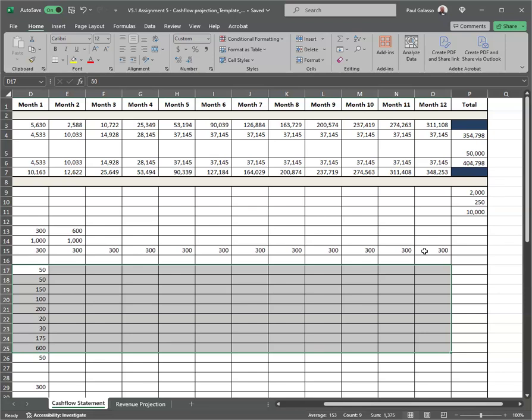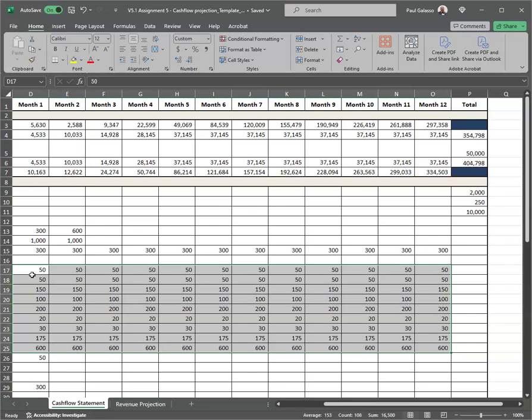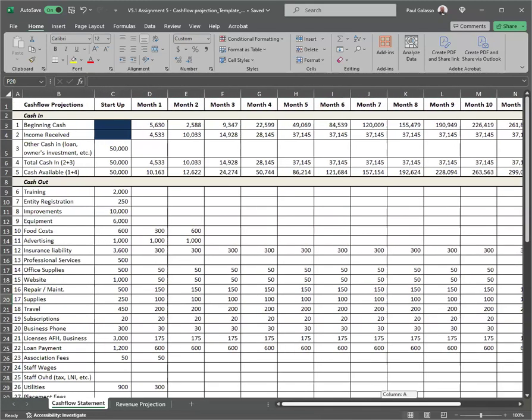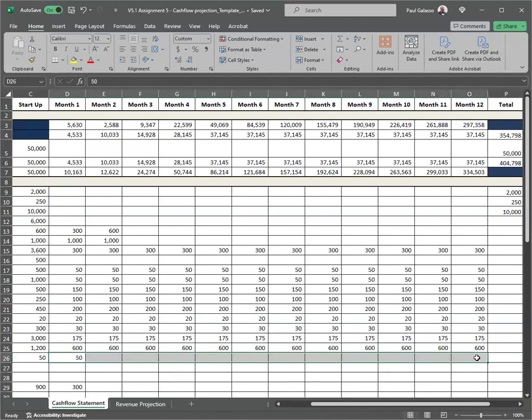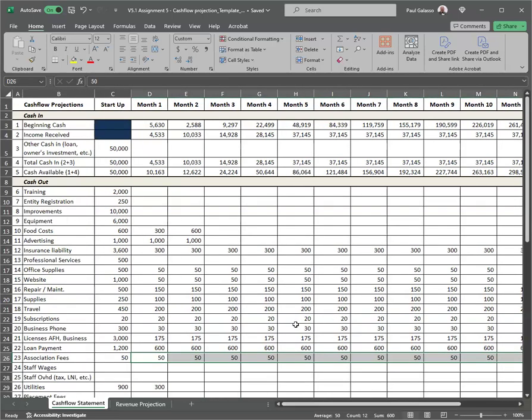And we can Control plus R, that will automatically populate it for the rest of the year, because those amounts are going to stay pretty standard. That way it enables us to fill out this Excel spreadsheet without filling each one of those out individually. Now we get down to association fees, same thing. We're going to be paying that every month. All right, I should have done that with the big one.